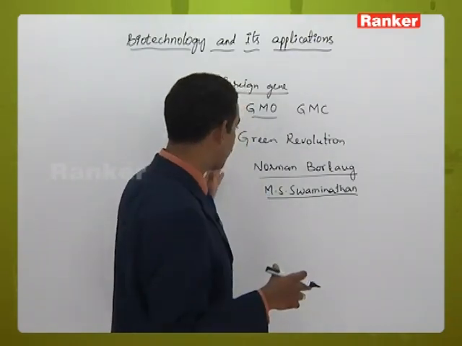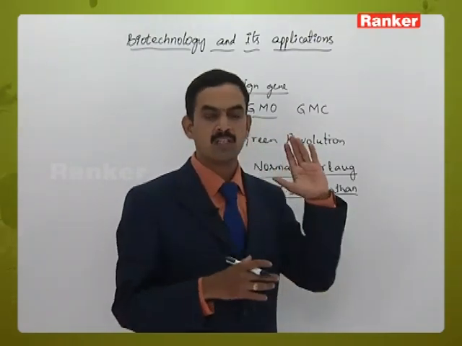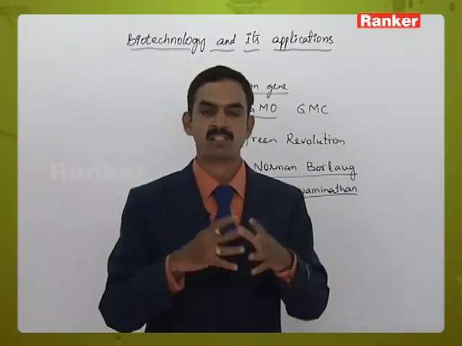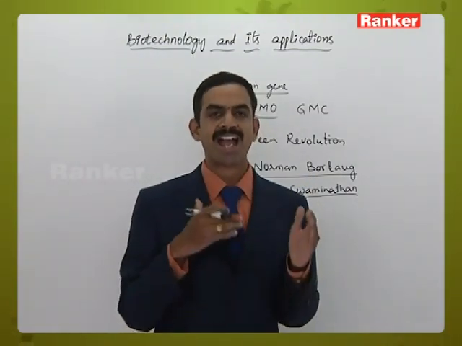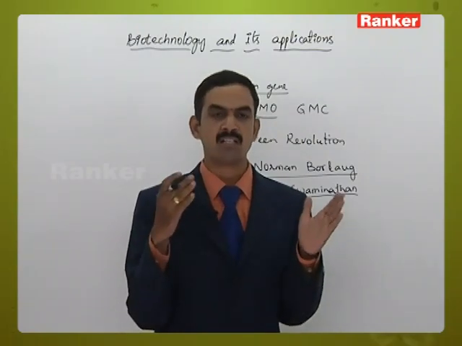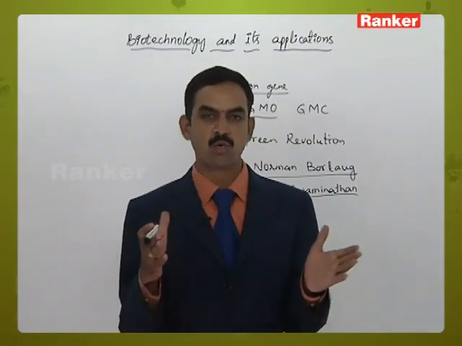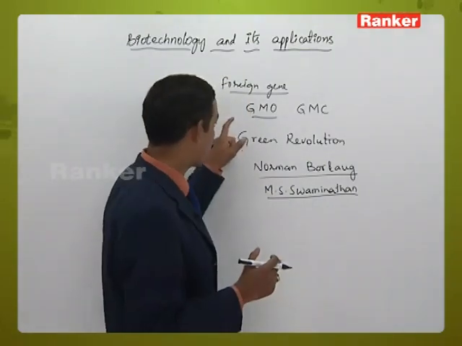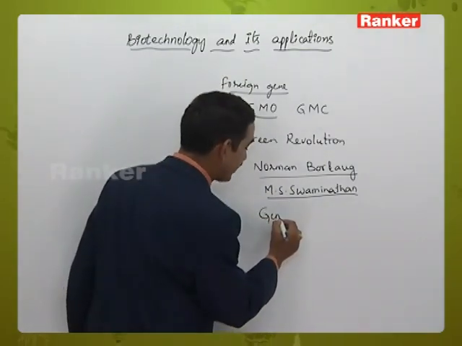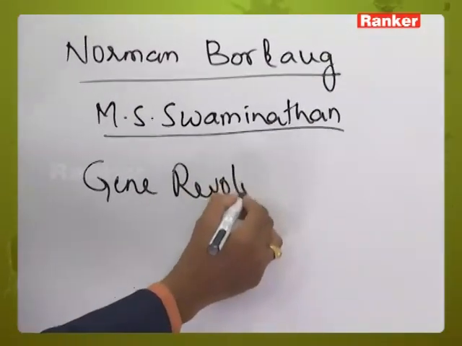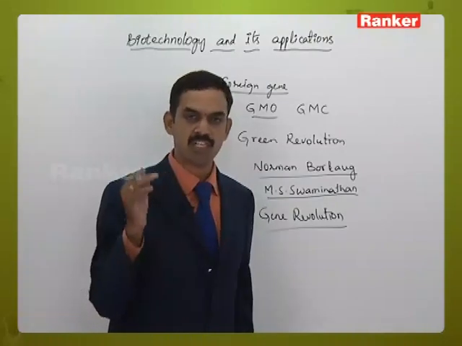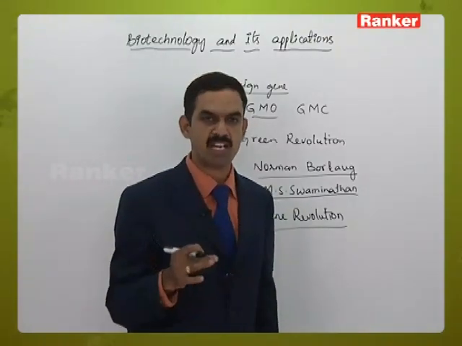This is how the green revolution balanced the nutrient requirements in the 1960s. But as those requirements are not sustainable, and nowadays it is not enough, we are now going for the gene revolution. Gene revolution means we are manipulating the sequence of genes, which is called the gene manipulation process.